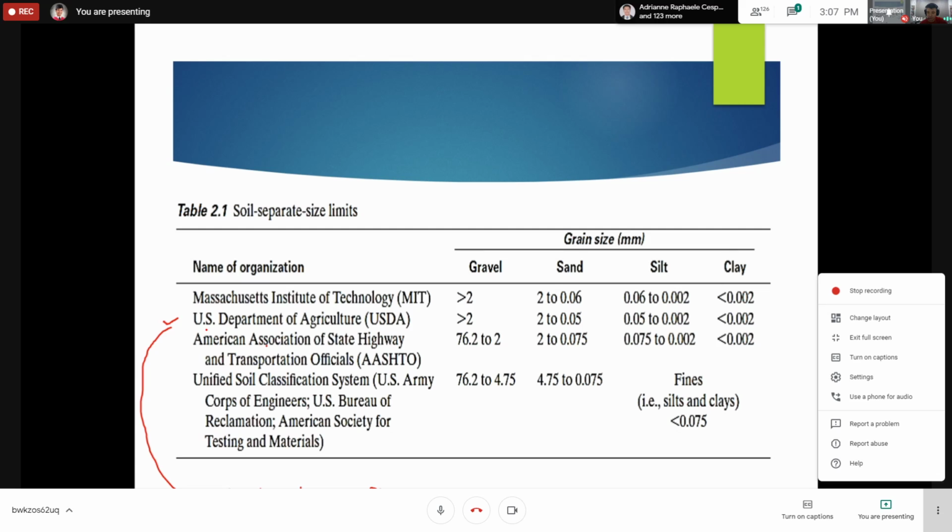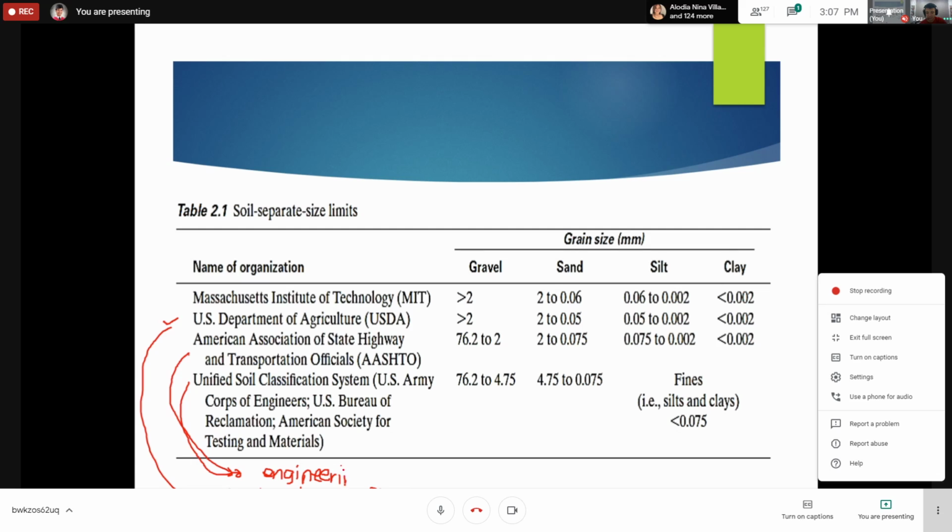Okay? For the AASHTO, these are usually the standards that we use when we construct our roads. Usually the third and the fourth one are brought about by engineering behavior, meaning they are used to classify your soil based on engineering behavior.